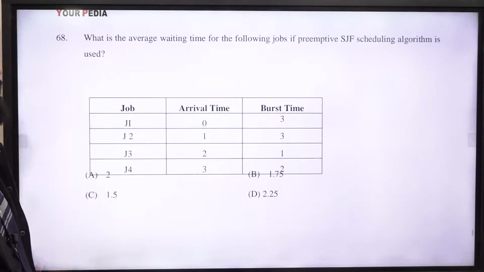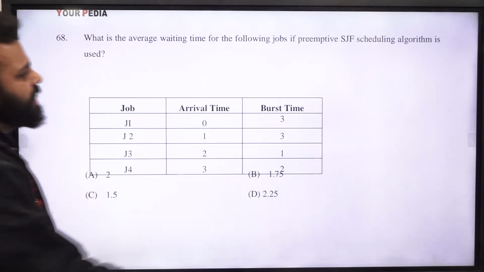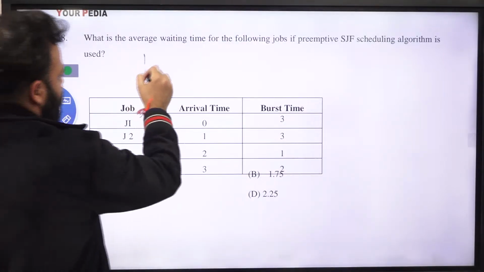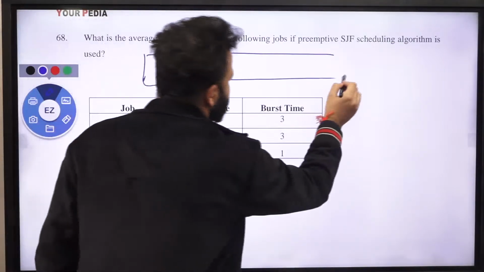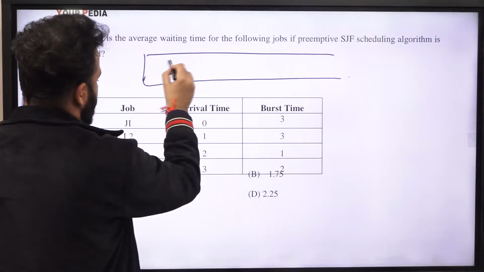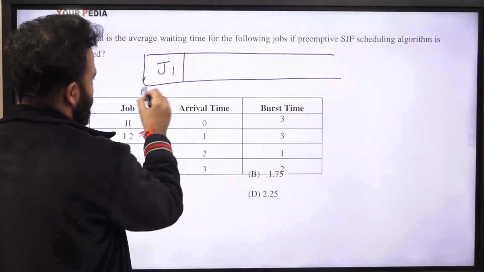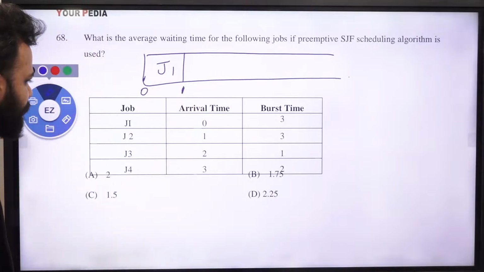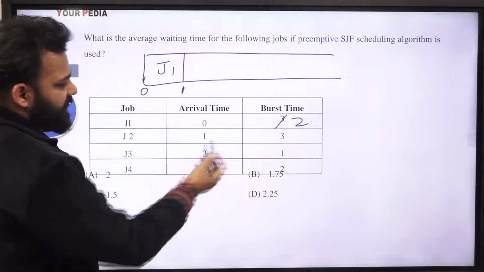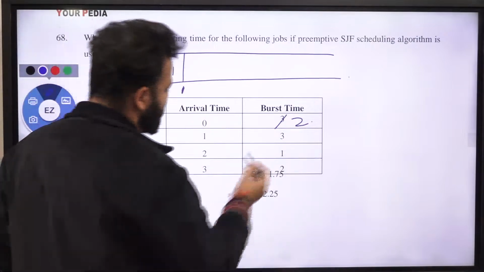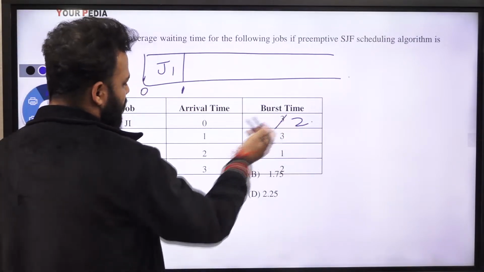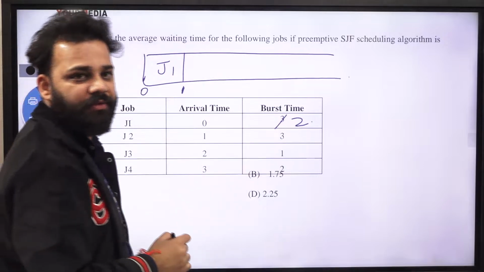Okay, what is the average waiting time of the jobs if preemptive shortest job algorithm is used? Okay, so let's say preemptive shortest job. So initially 0 is there and J1 comes at arrival time 0. So 0 to 1 we will have this. So 2 seconds remaining. At 1, J2 comes, which is having more burst time. So again we will prefer J1 because there are only 2 processes now in the system.